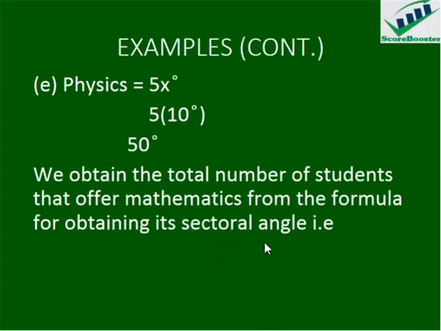So now we will answer the question that asks how many students offer mathematics. Like the previous questions, since we know the total number of students and we know the sectorial angle of mathematics, we can use the formula for obtaining sectorial angle to obtain the number of students that offer mathematics.